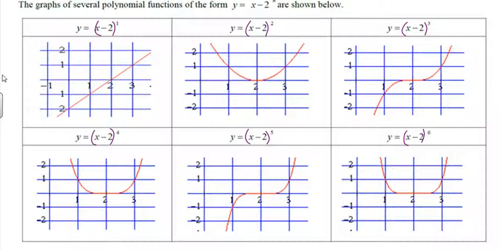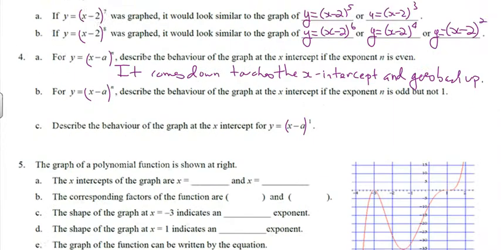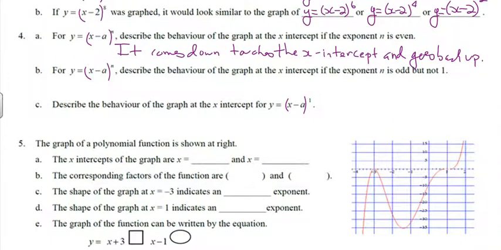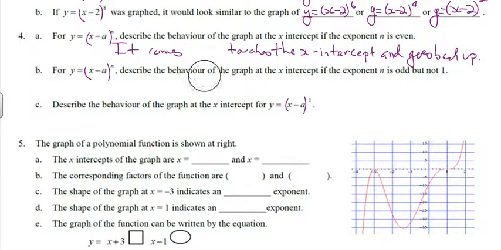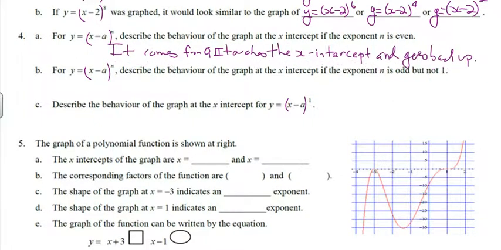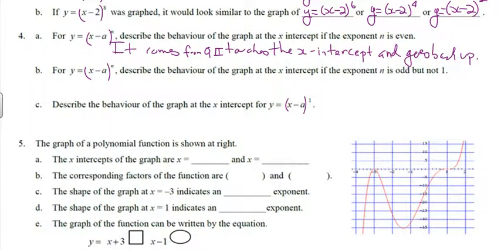Let's quantify this a little better. It comes from quadrant 2, touches the x-intercept, and goes to quadrant 1.